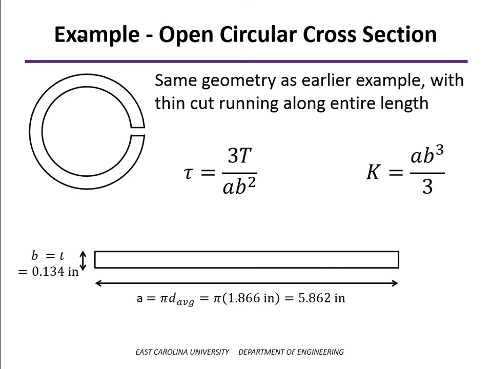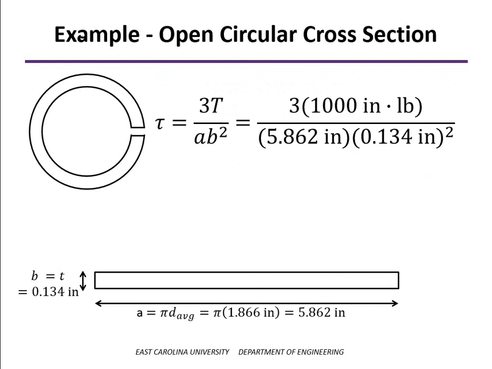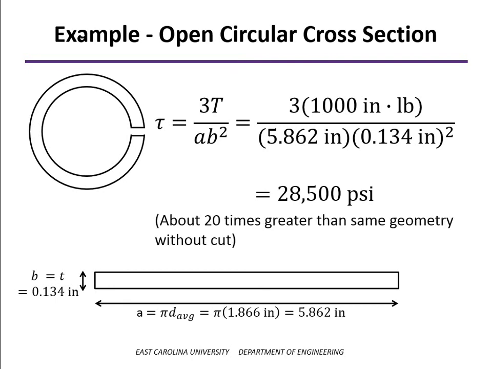And again, this is an approximate method and works pretty well as long as the thickness relative to the width is less than 0.1 or so. So in our case, we calculate the shear stress with this formula, and it comes out to about 28,000 psi, which if you compare it to the closed hollow cross section, it's about 20 times greater.